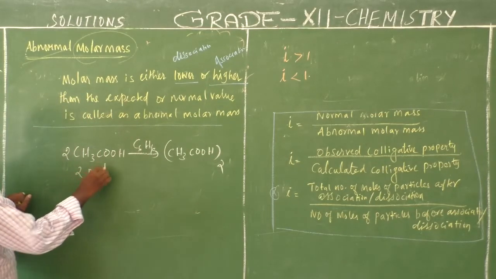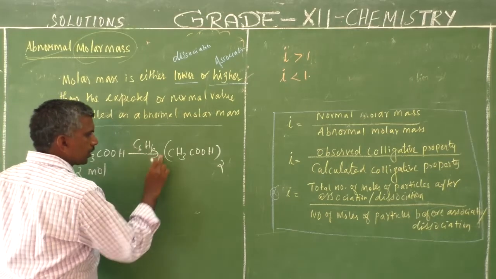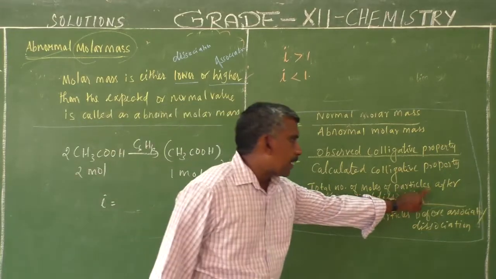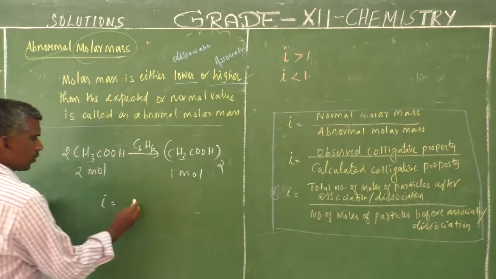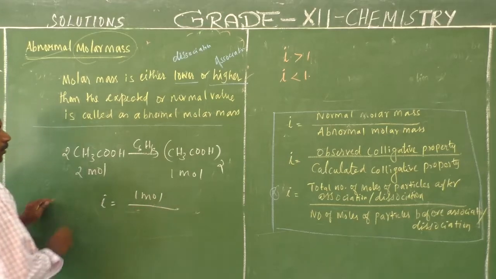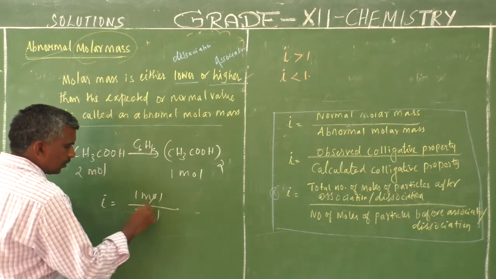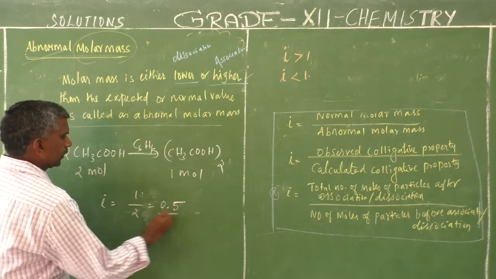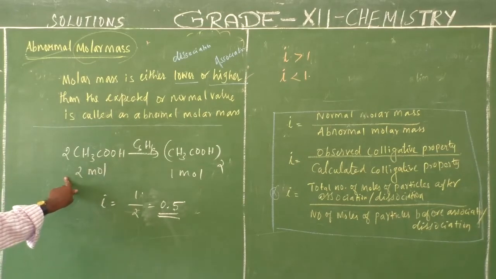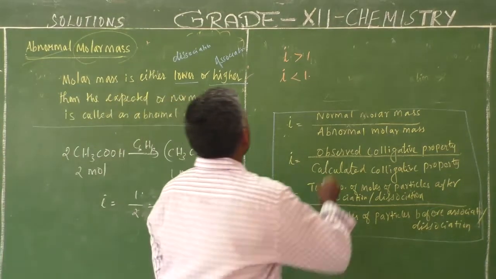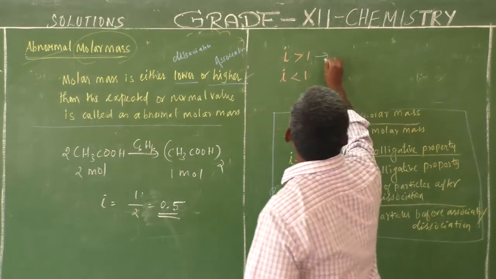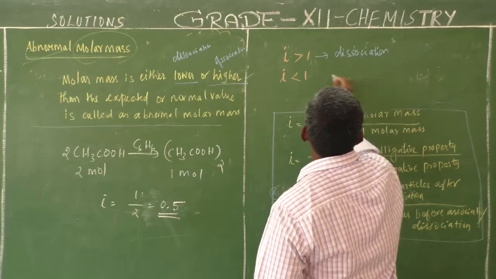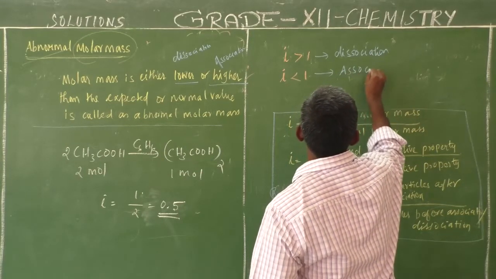Here 2 moles before association, after association 1 mole. So i is 1 by 2, that is 0.5 for acetic acid. So the i value is greater than 1 for dissociation and less than 1 for association.